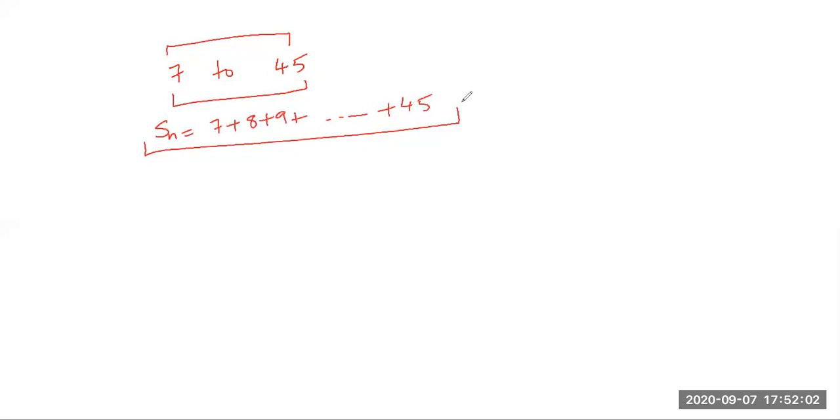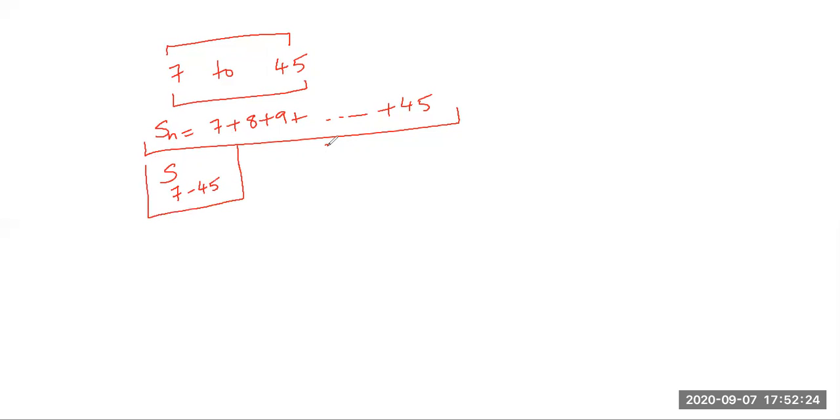All right. Difficulty is we don't really have the first 6 terms. Am I right? We don't have first 6 terms. So basically, this is the sum from 7 to 45. And actually, we don't have any formula for this.